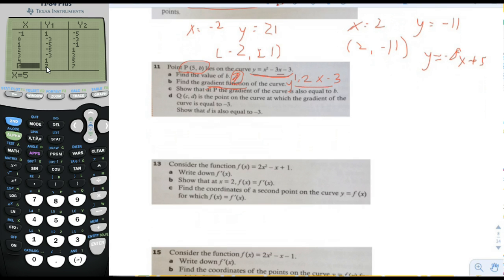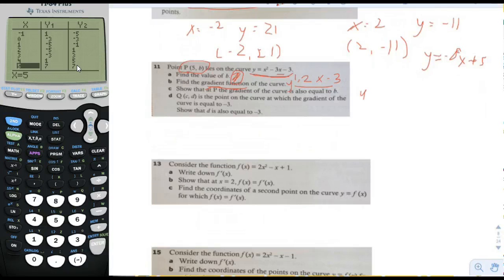Then it says show that at p, the gradient of the curve is also equal to b, which is 7. And we can see that here on the calculator, that by coincidence, at the point (5, 7) of the original function, the gradient is also 7. But they want us to show that.